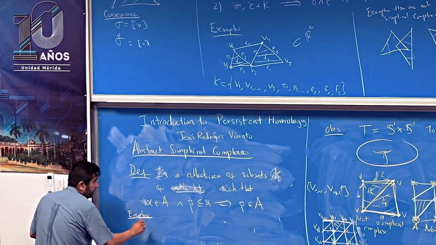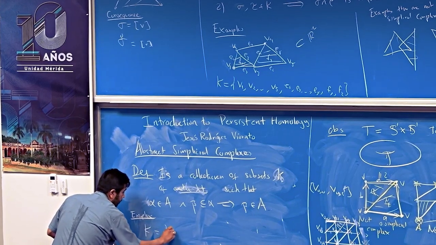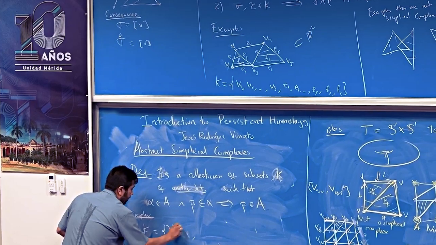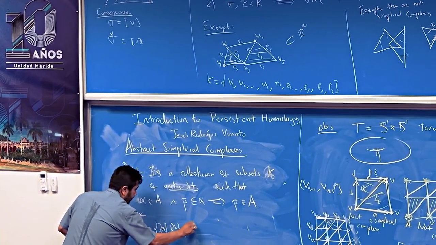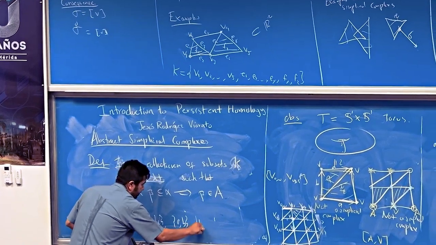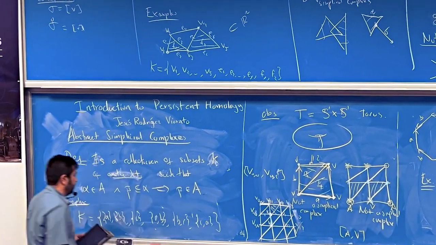For example, we can think of K as just A, B, and C, and also AB, BC, and CA. Something like that.